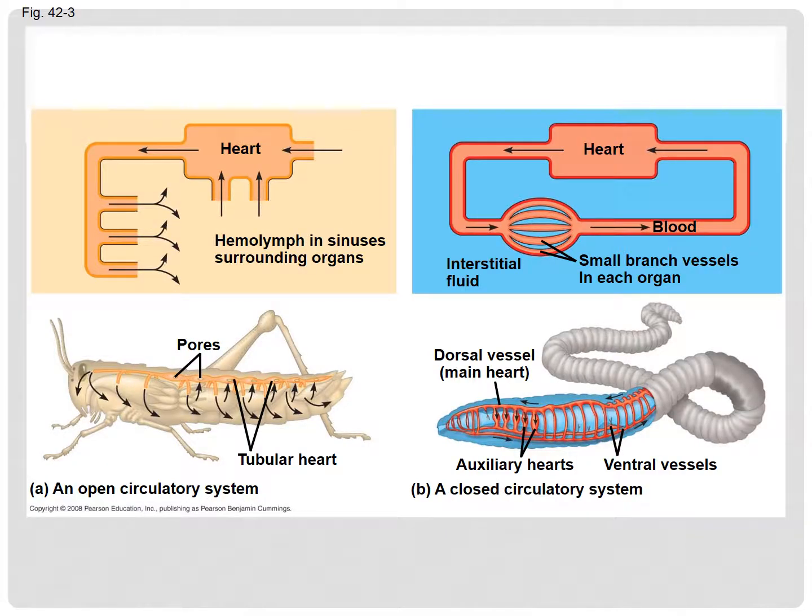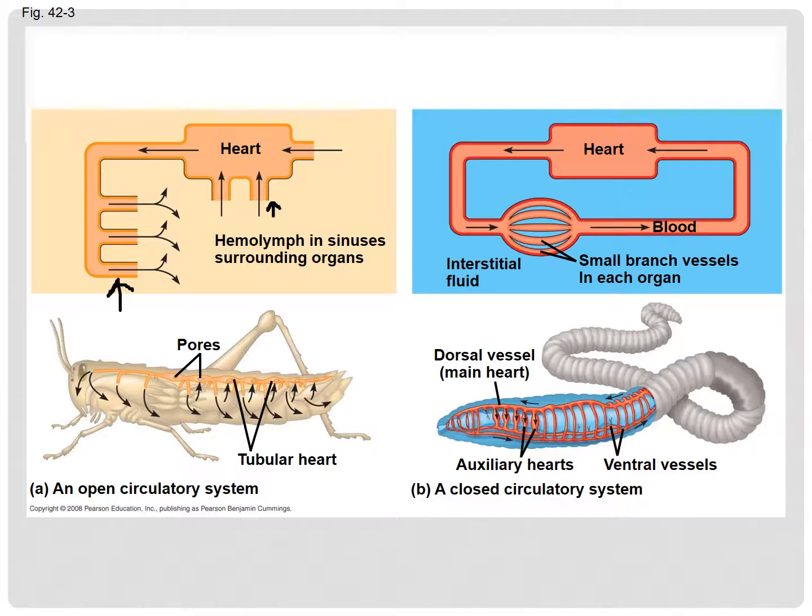So here we can see the example of an open circulatory system. In the open circulatory system, you can see that there are blood vessels, and these blood vessels are going to allow the blood to leave the heart and come out here into the body cavity. And then there are blood vessels that will take the blood back into the heart.